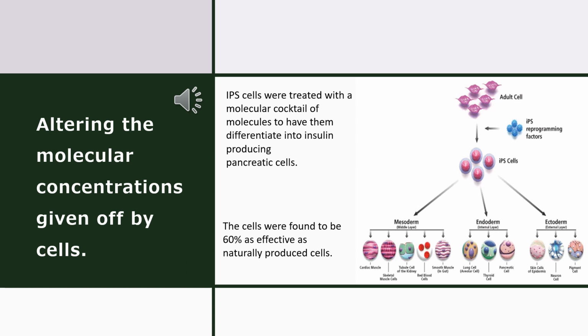From there, these now differentiated cells were bathed in different concentrations of glucose and potassium chloride to see what their response was to said masses of glucose.